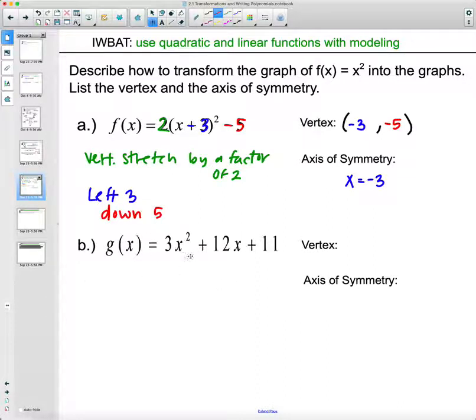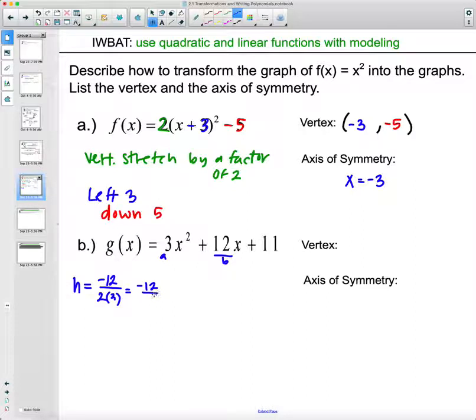Then looking in standard form to find the vertex and the axis of symmetry and describe the transformation. So you need to start with your formula for finding your h value, or your x value of the vertex. Okay, so remember h is the opposite of b. So this is your b value. So opposite of 12 is negative 12 over 2 times your a value, which is 3.